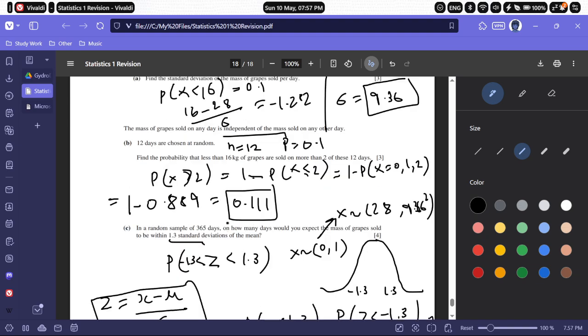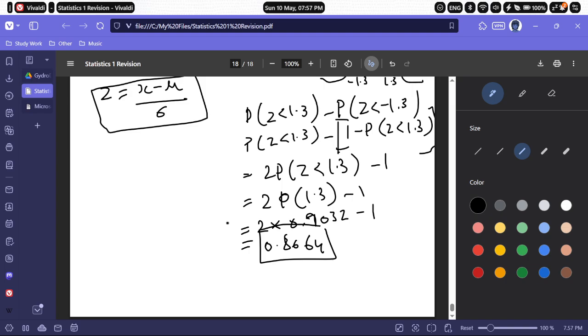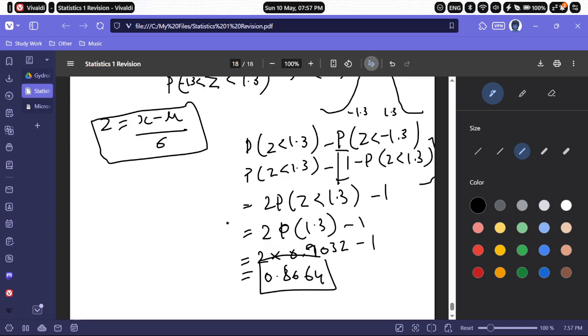Now let's go through the question again. This is the probability that the mass of grapes sold is within 1.3 standard deviations of the mean. But your random sample is of 365 days, not one day. This is the probability per day.